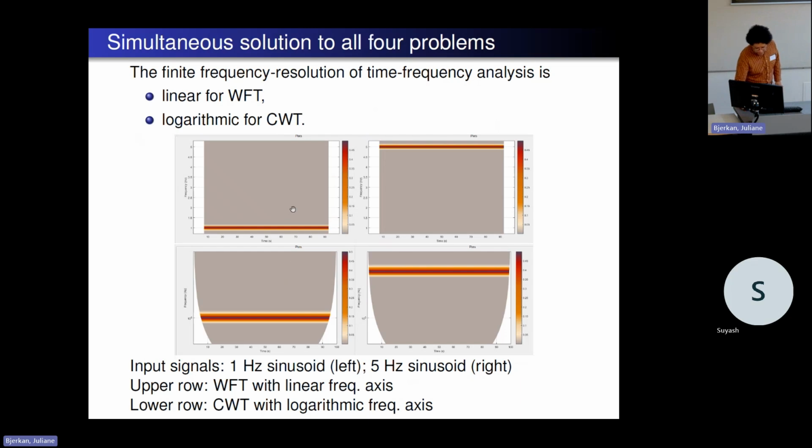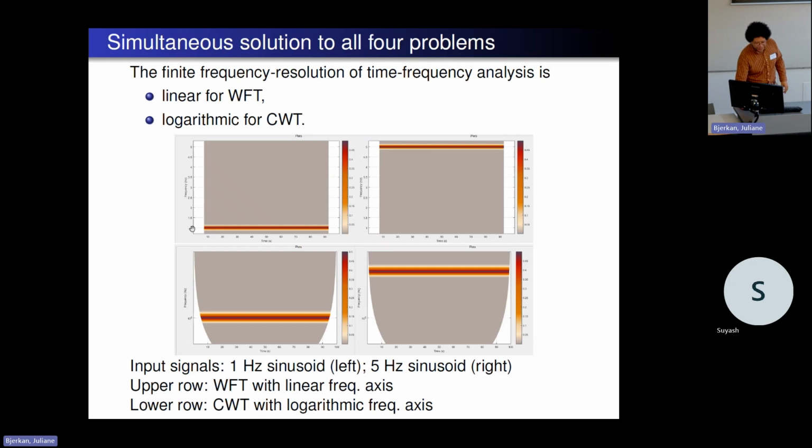Here in the left column, the input signal is a 1 Hertz oscillation. In the right column, it's a 5 Hertz oscillation. The top row is the windowed Fourier transform, and you see that these look the same except just shifted up. The bottom row is the wavelet transform, and again, these look the same except just shifted up.